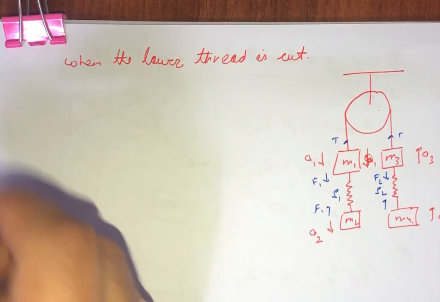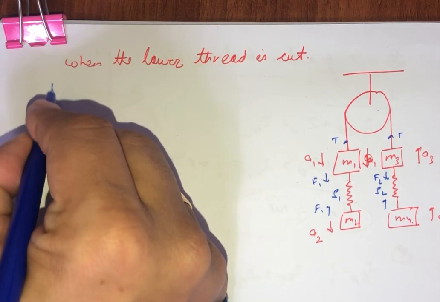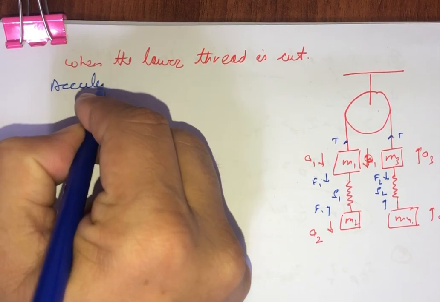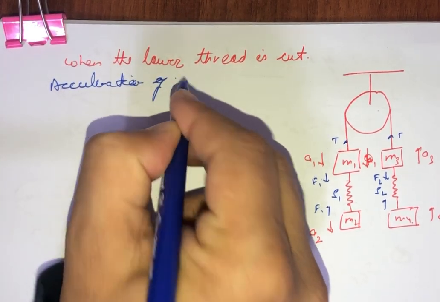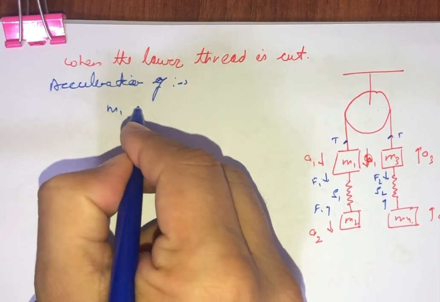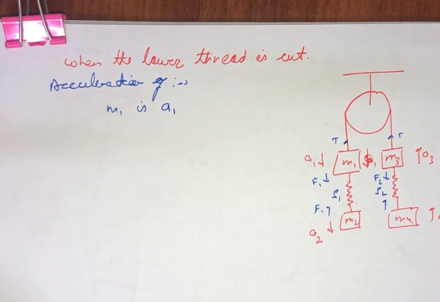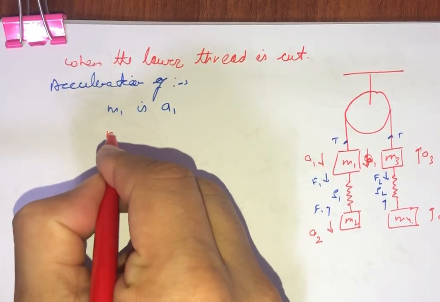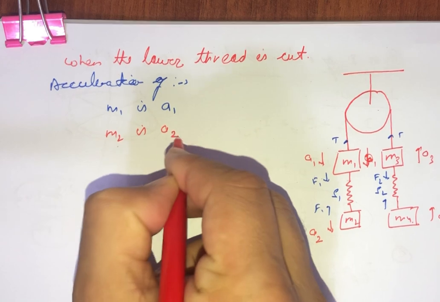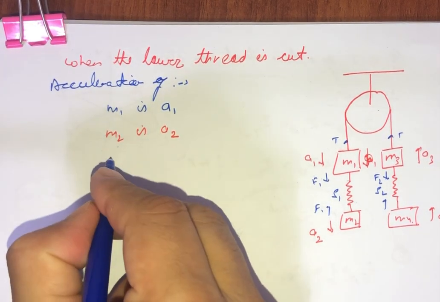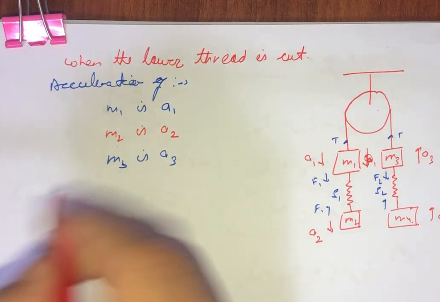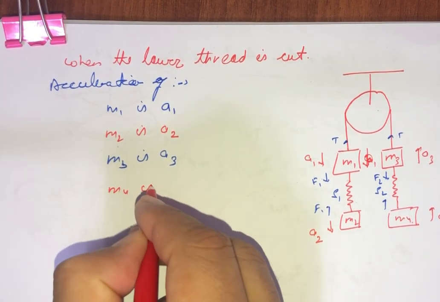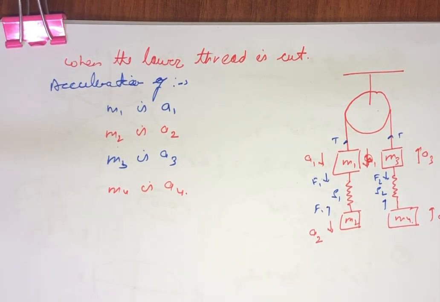When the lower thread is cut, acceleration of M1 is A1, M2 is A2, M3 is A3, and M4 is A4.